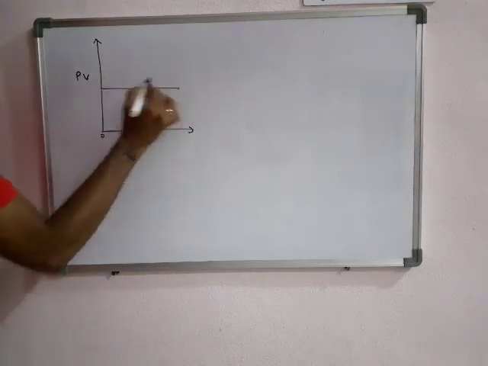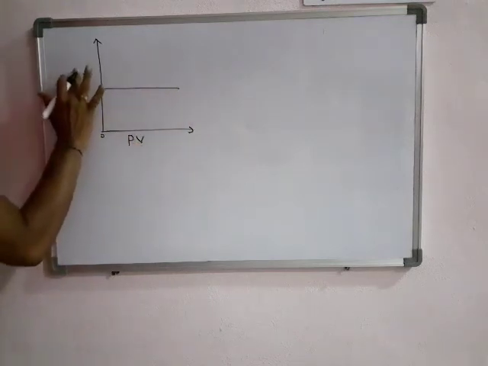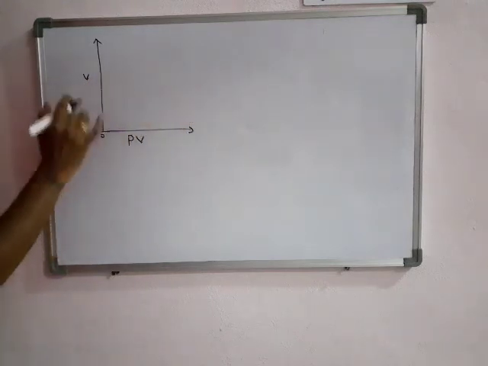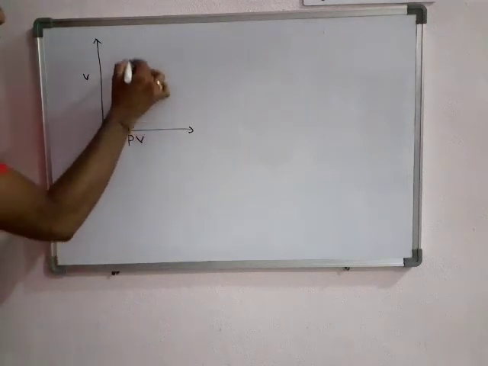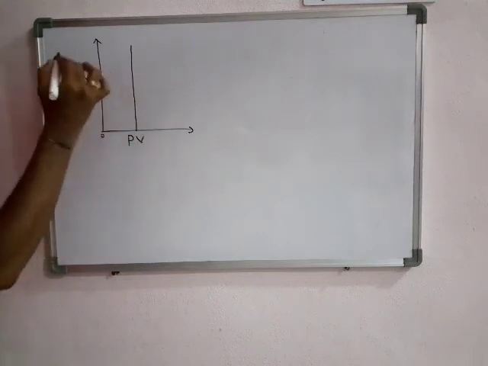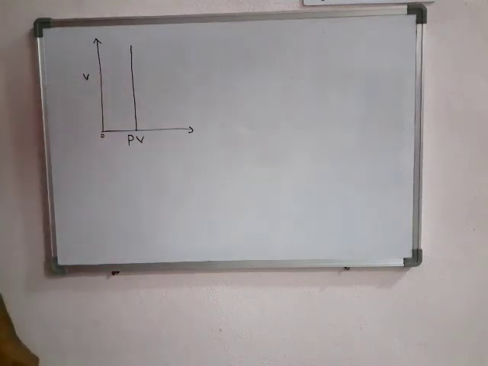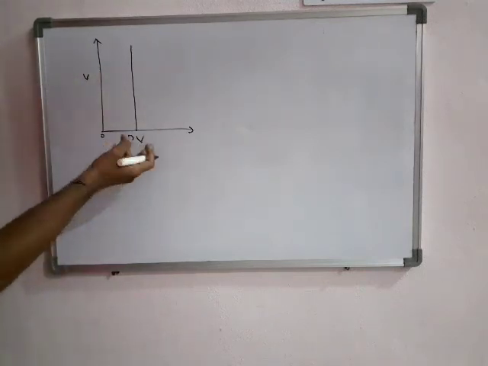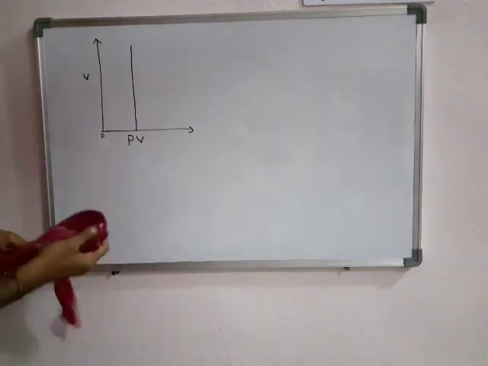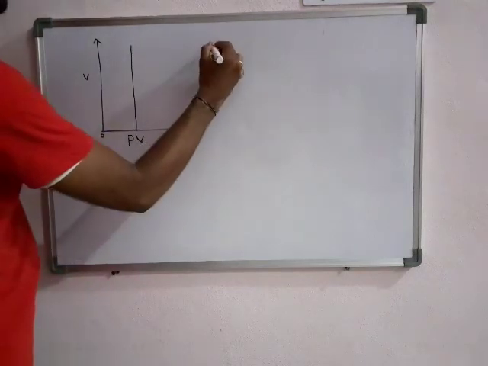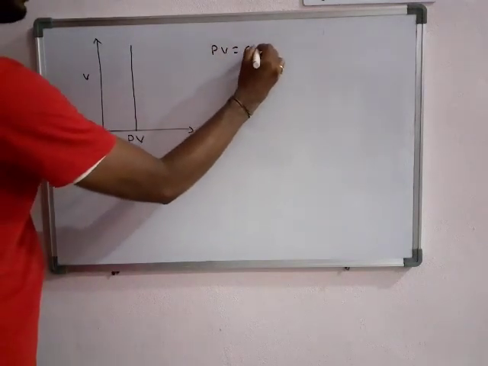We know that PV is always constant. So the graph will be like this, because PV is equal to constant. Next, here we know that PV is equal to constant.